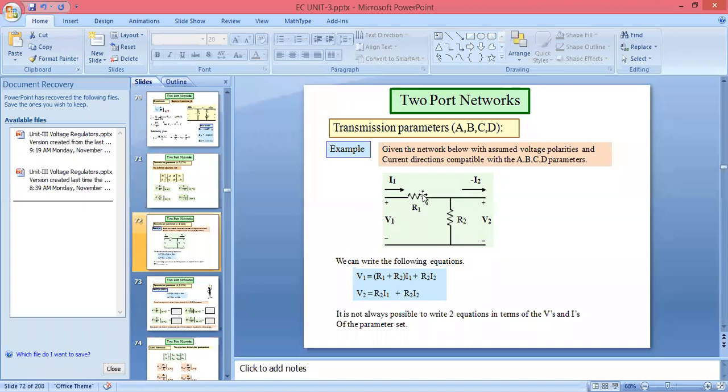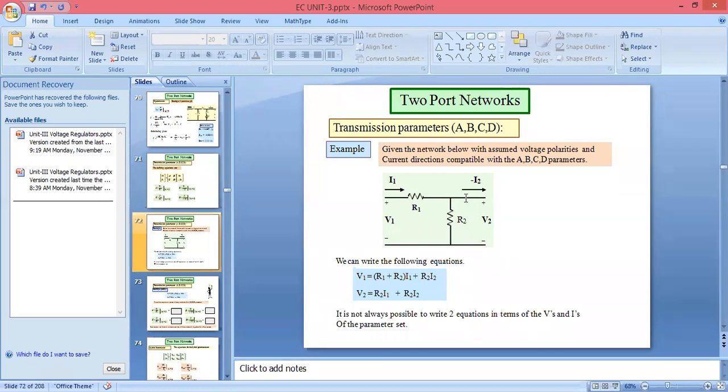So you can take R1 I1 plus R2 I1 plus I2 into R2, because I2 also flows in that. Since we are taking minus I2 direction, you will get here minus I2, because we are taking the clockwise direction but it is outgoing, anti-clockwise, so we are taking the opposite sign.